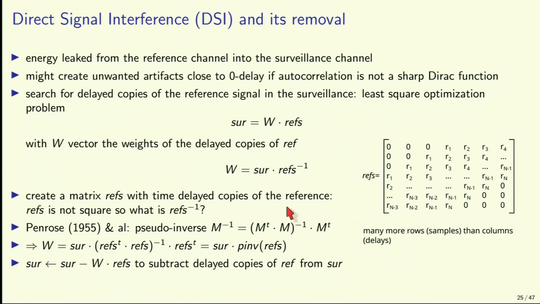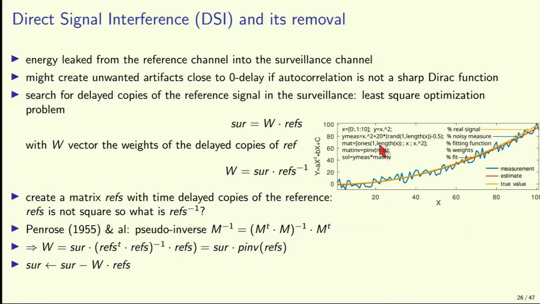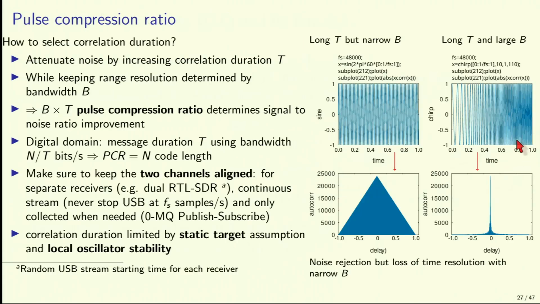It's using this formula, transpose of a matrix times the matrix, inverse, because this is a square matrix, multiplied by transpose of a matrix, and this gives you a least square optimal estimate of the weights of the reference signal in the surveillance signal. Now, if you think this is all fancy math, I'm never going to use this, this is exactly what you're using when you do a fit of a function where you have many more samples than the number of parameters. So that's exactly what you're doing when you're doing polyfit under MATLAB.